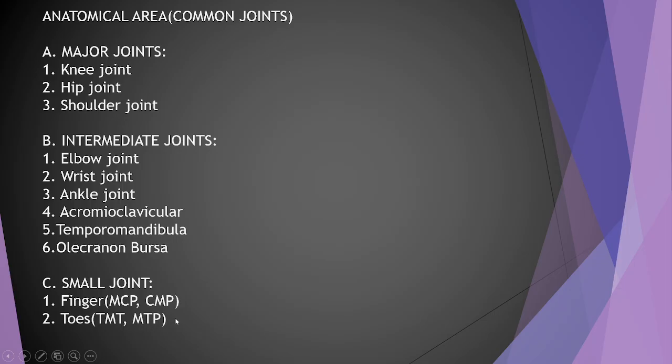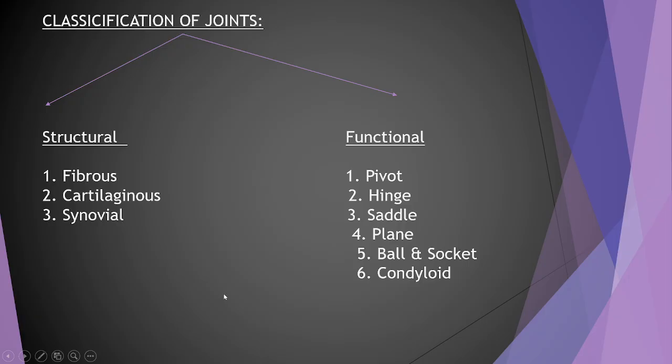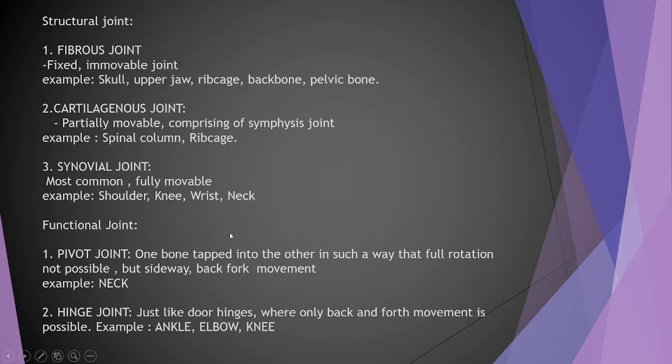the metatarsophalangeal joint. There are two classifications of joints: structural and functional. Structural includes fibrous, cartilaginous, and synovial joints. Functional includes pivot, hinge, saddle, plane, ball and socket, and condyloid.